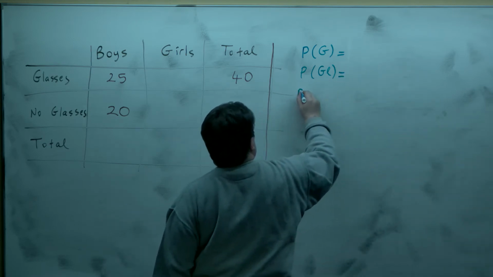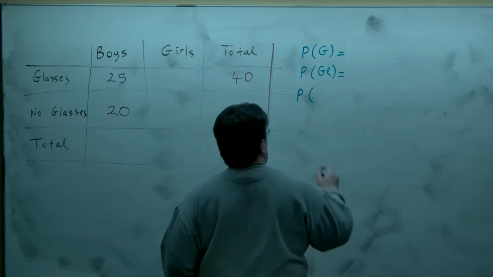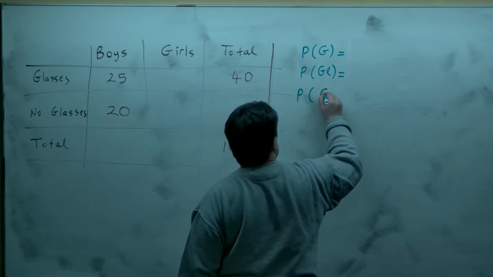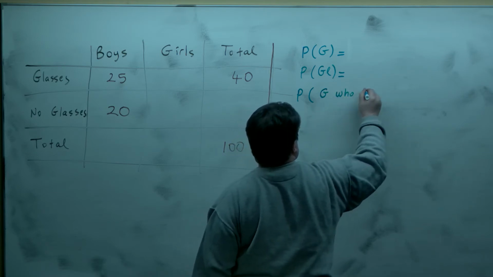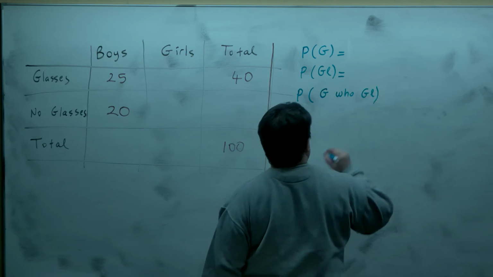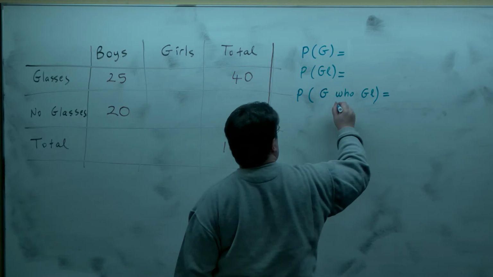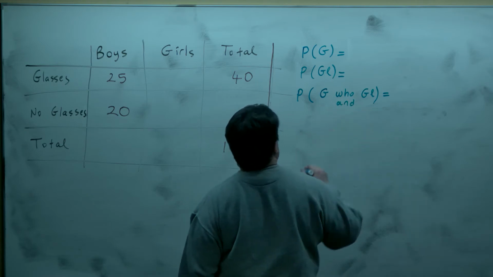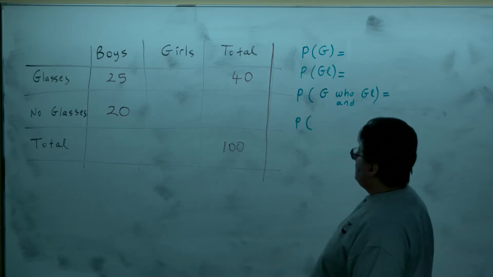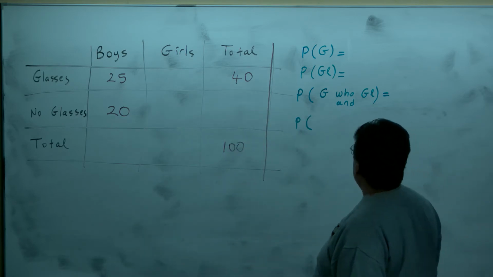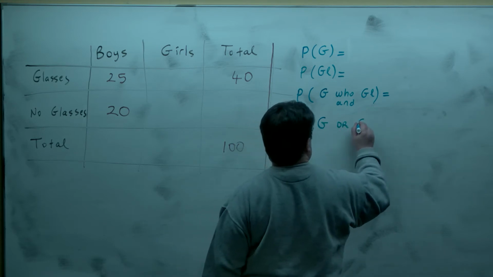What is the probability that the randomly selected student is a girl who wears glasses? In other words, girl and glasses, that's the same thing. What is the probability that a randomly selected student is a girl or wears glasses?